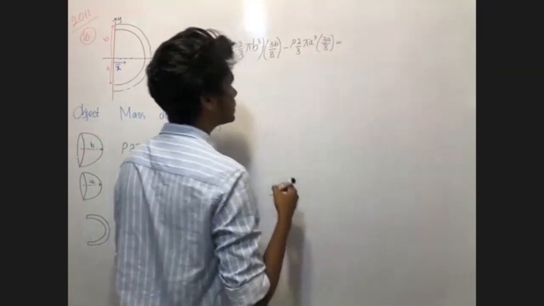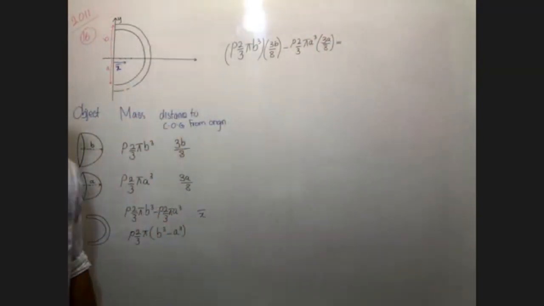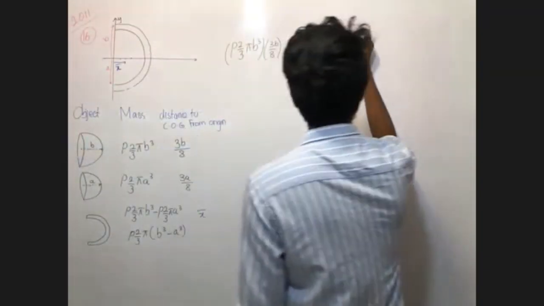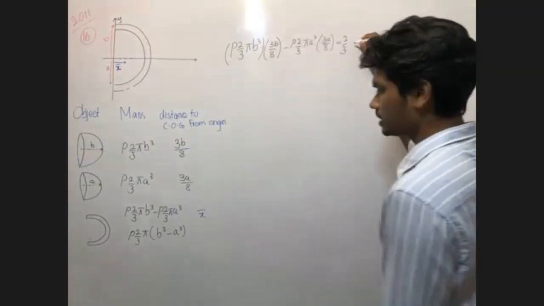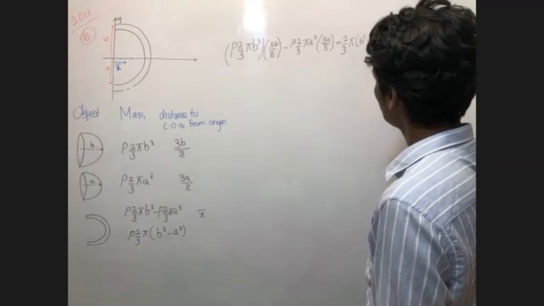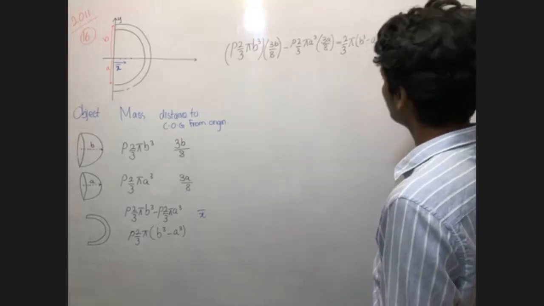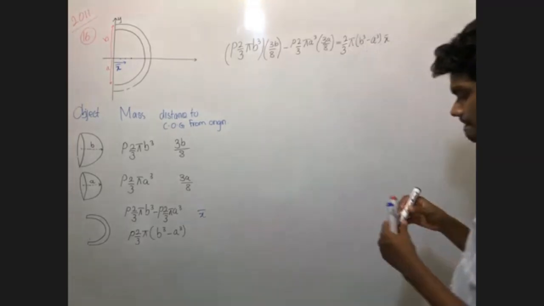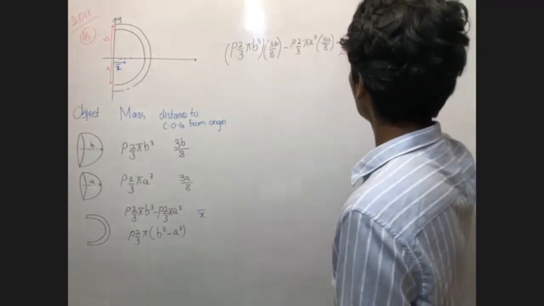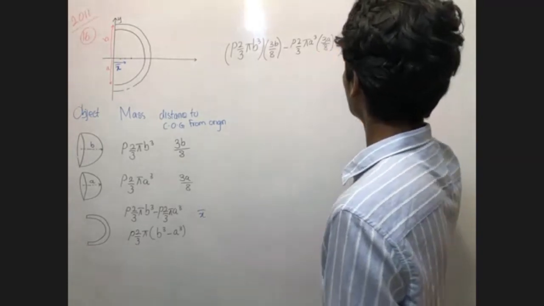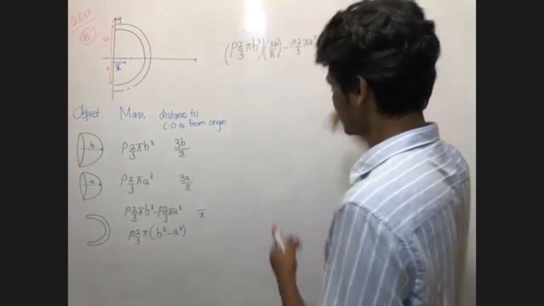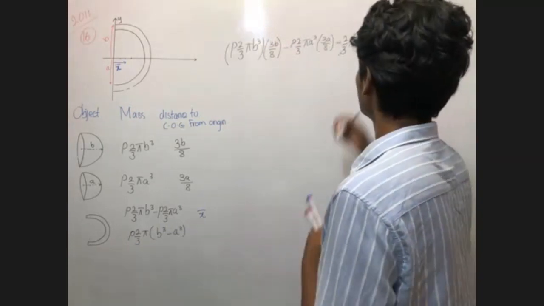So it's going to give you this product: rho 2/3 pi, B cube minus A cube, x bar. So here what is common? Rho is common. Along with rho, it cancels.